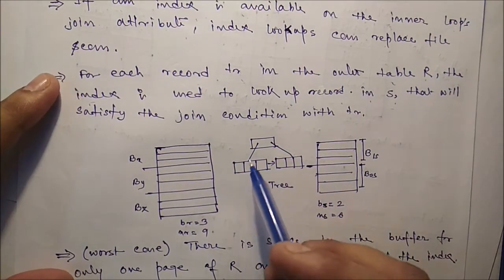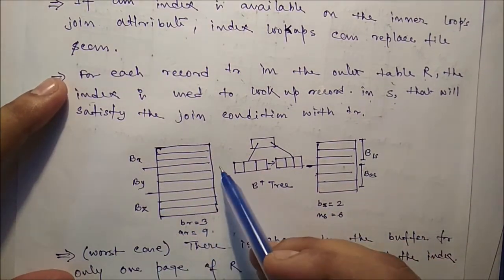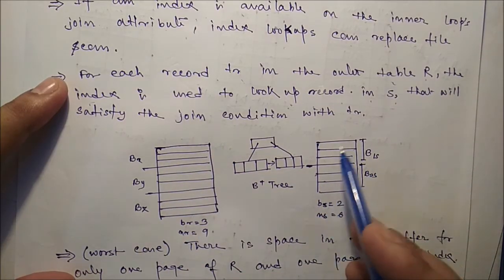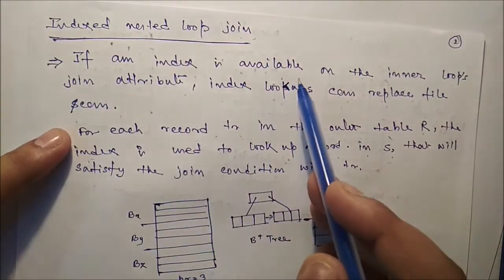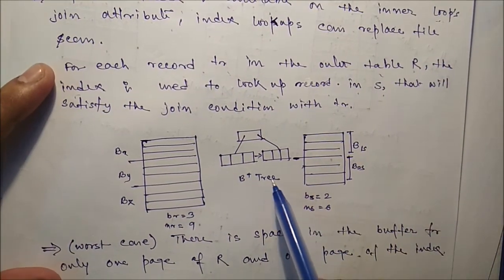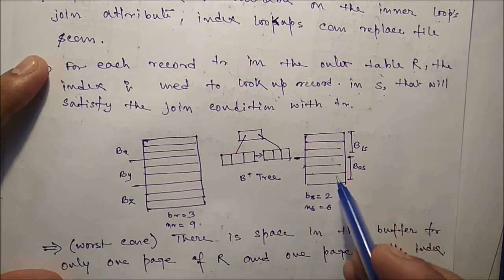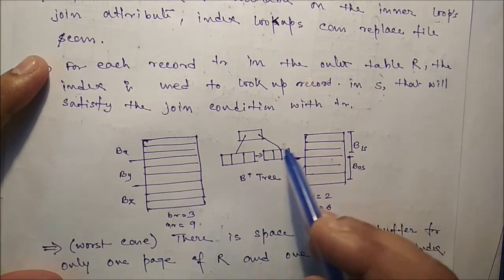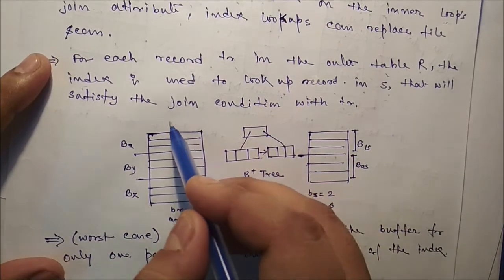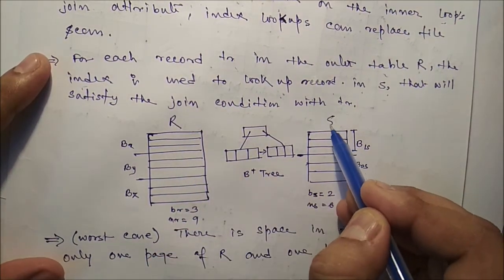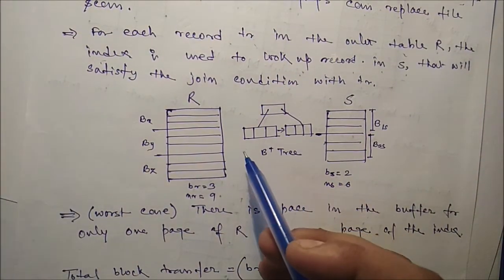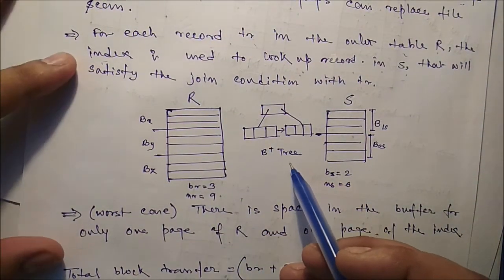Now this is our outer table and this is our inner table. If a B plus tree index is there for the inner table, this is our R and this is our S. That means to implement the join we can use this B plus tree index.